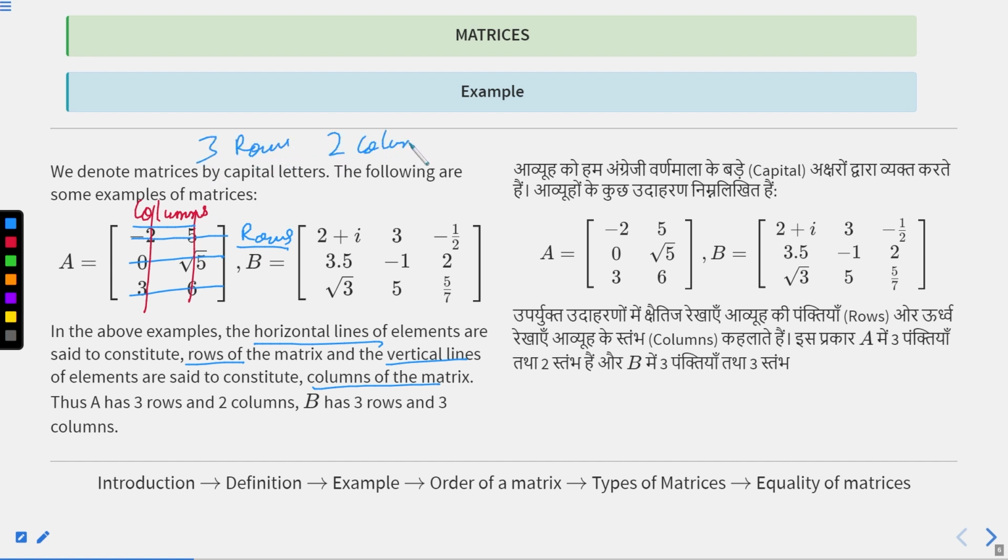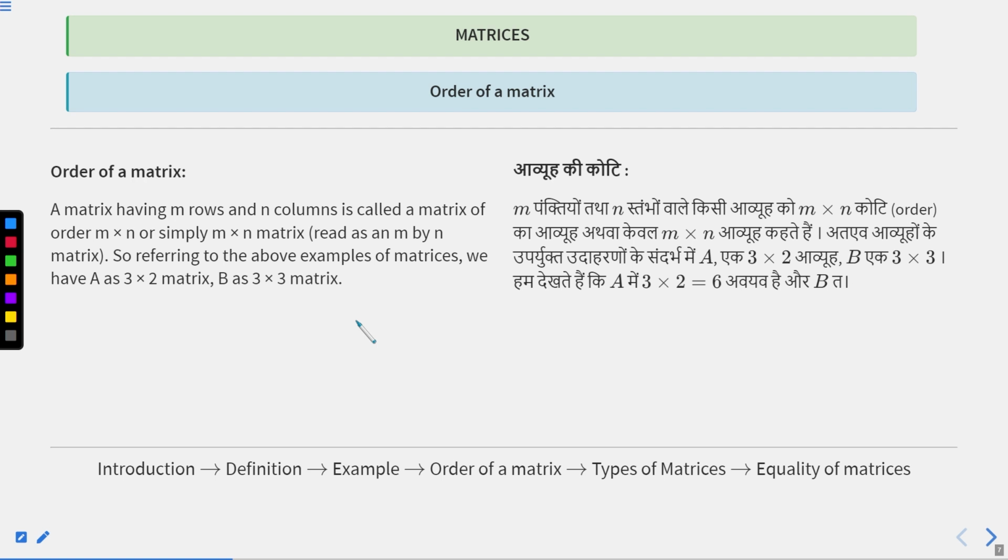As you can see, you can easily draw 2 vertical lines like this, 2 columns. Clear? So far so good. Now B has 3 rows and 3 columns. Clear? The rows and columns concept is clear. Now, order.